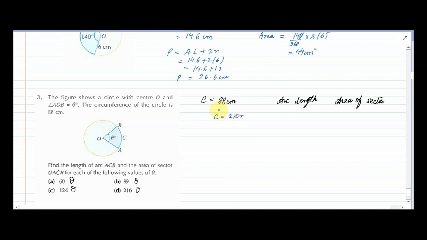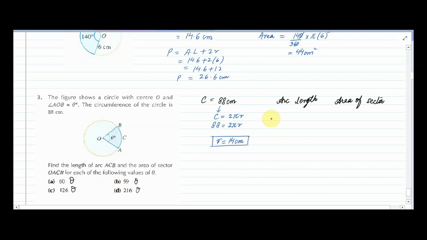Now if you substitute the values, 88 is equals to 2 pi r. Solve it for r, so it's 88 divided by 2 divided by 3.142. So r is 14 centimeter. No need to find r in all 4 questions, it remains fixed.